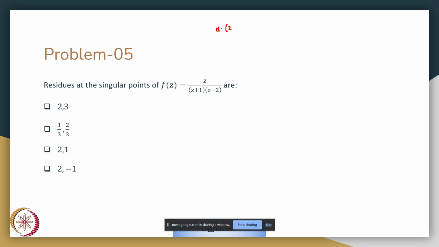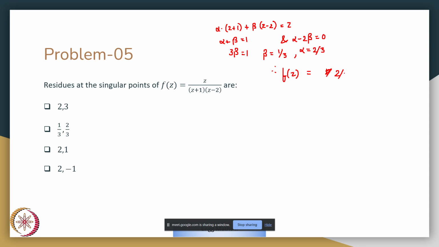So alpha times (z plus 1) plus beta times (z minus 2) is nothing but z, which implies alpha plus beta is 1 and alpha minus 2 beta is 0, which means 3 beta is 1, which means beta is 1 by 3, alpha is 2 by 3, and therefore f of z is nothing but 2 by 3 upon z minus 2 plus 1 by 3 upon z plus 1.